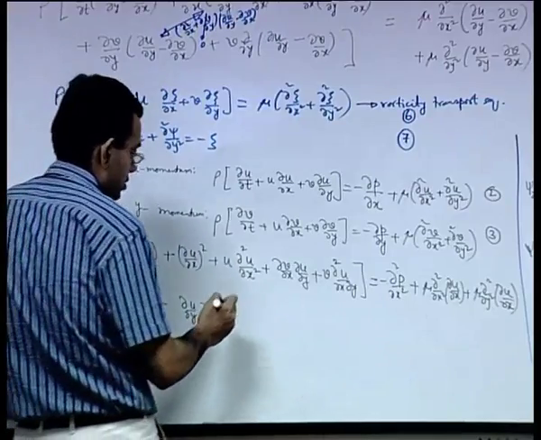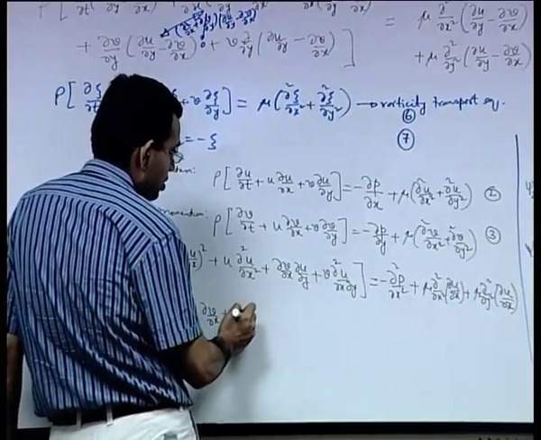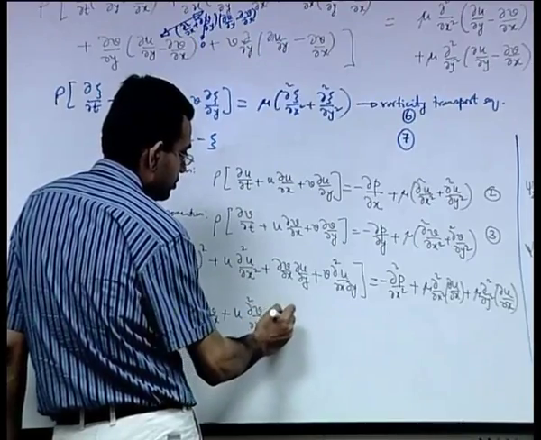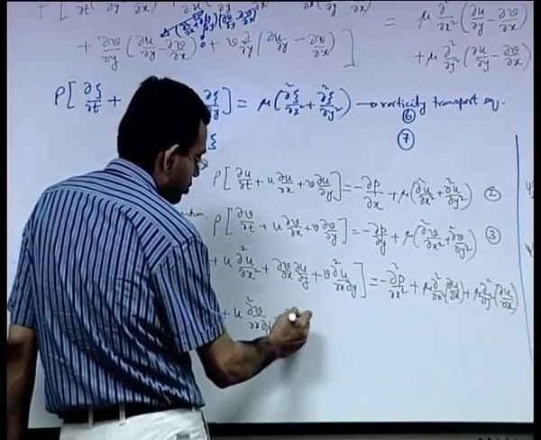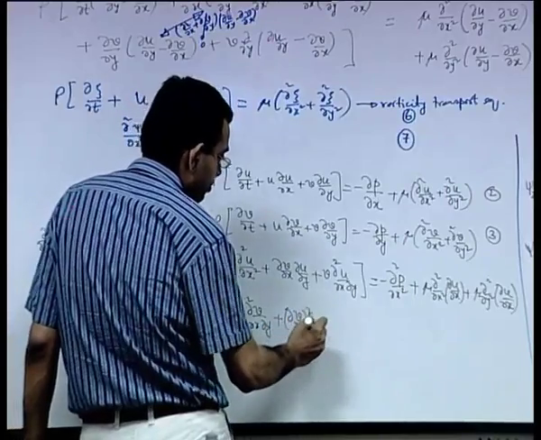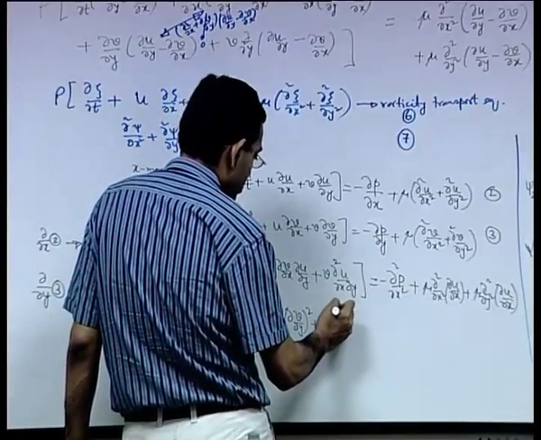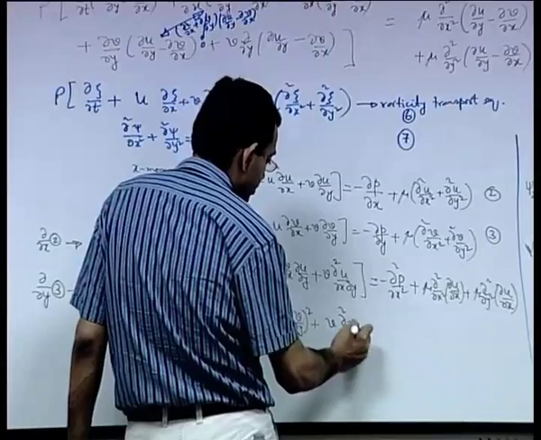Plus u del square v del x del y plus del v del y whole square plus v del square v del y square.